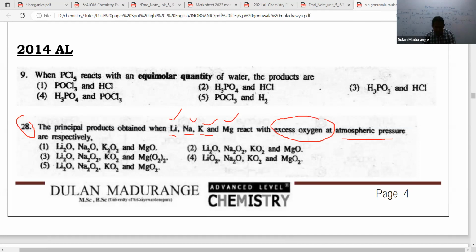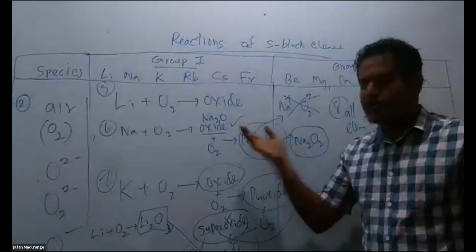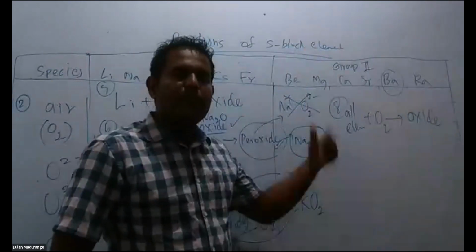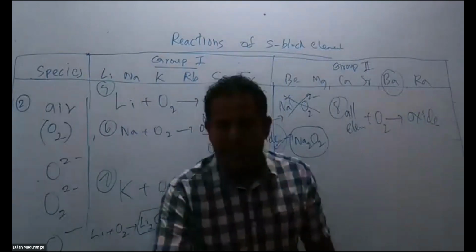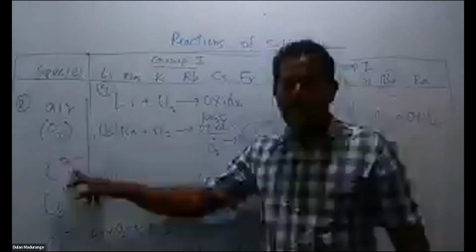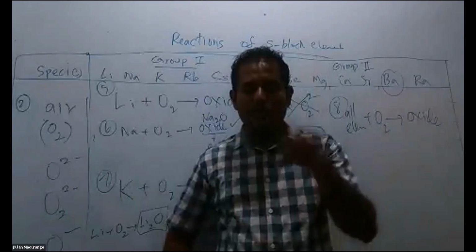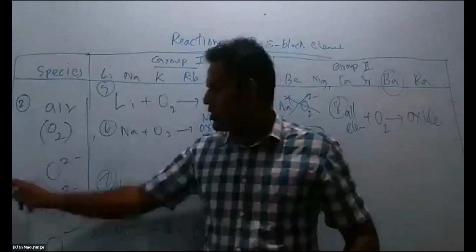Yes, very simple. Now you have to study the theory. Lithium, it forms what? Sodium, potassium. Right. Then when you consider group 2 elements, what does it form? So then just focus on that. Oxide means O2 minus. Peroxide means O2 2 minus. Superoxide means O2 minus. That is superoxide.